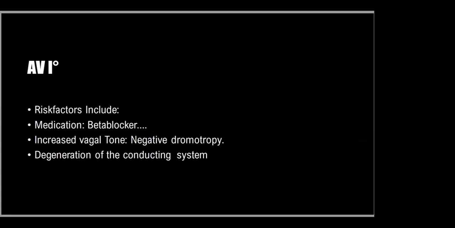This transmission is called dromotropy. Negative dromotropy means the speed of conduction from the AV node to the ventricle is reduced. The opposite is positive dromotropy, which means the speed of conduction between the AV node and the ventricle is increased.